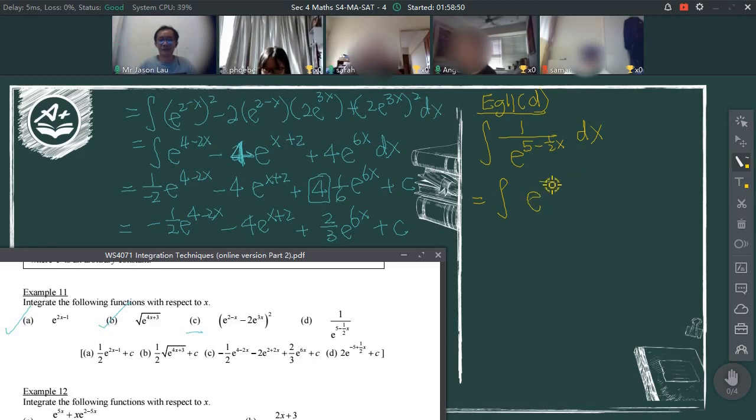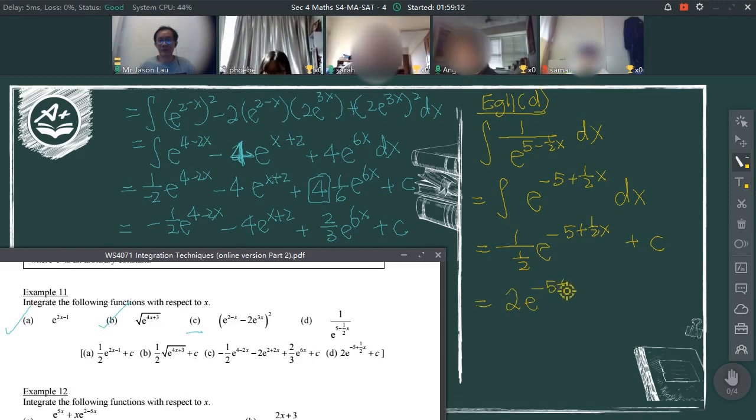You bring it up, you change the sign of the power, then you just integrate, copy back the term, then 1 over the derivative. Then you get the answer 2e to the -5 plus half x. Okay, that's all.